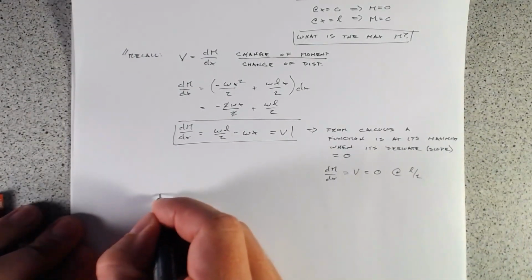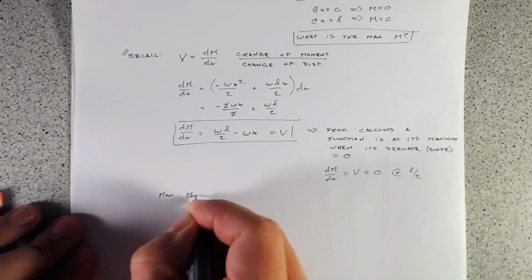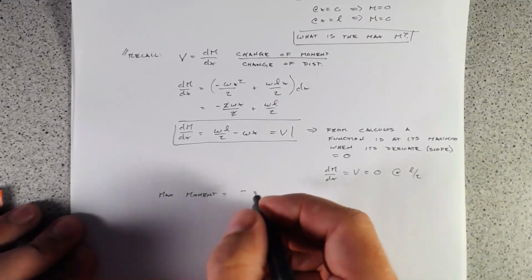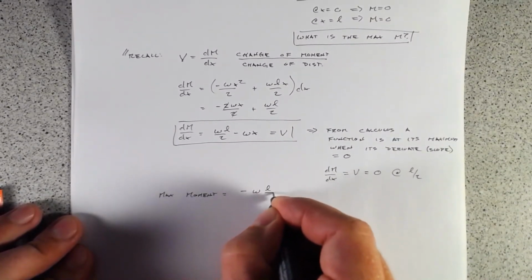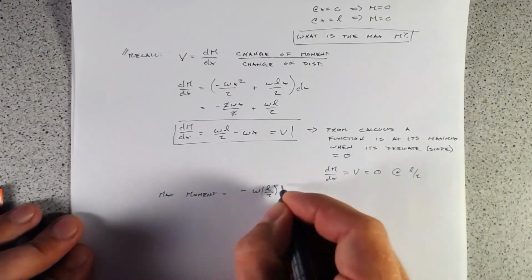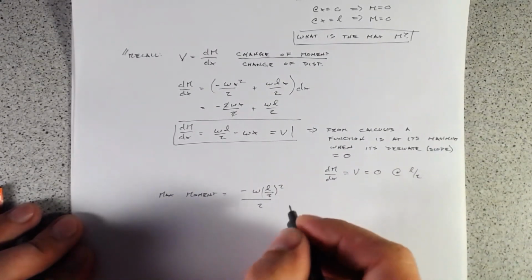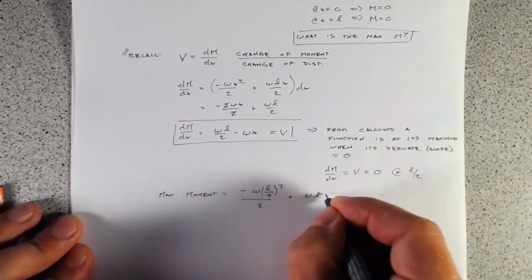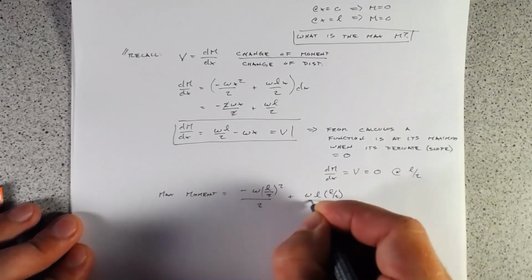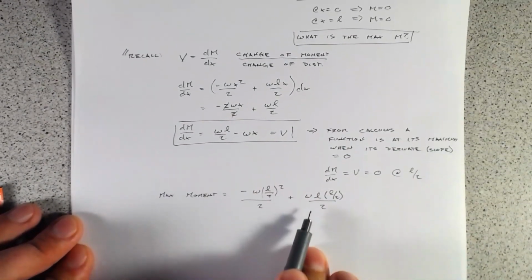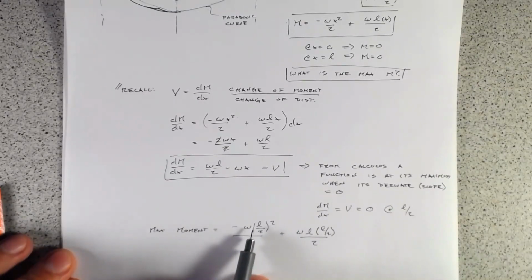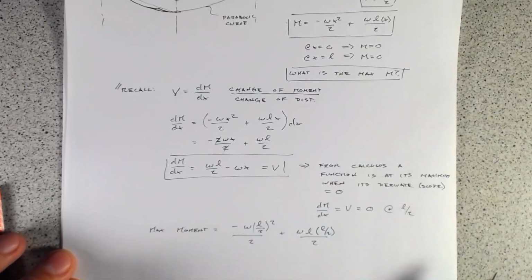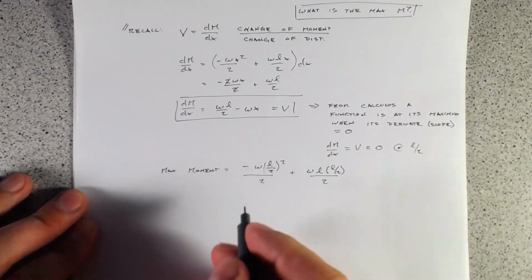So we'd have max moment equals minus w(L over 2) all squared over 2 plus wL times L over 2 over 2. And again, all we're doing here is just plugging in L over 2 for x in this equation up here. So let's go ahead and solve that.